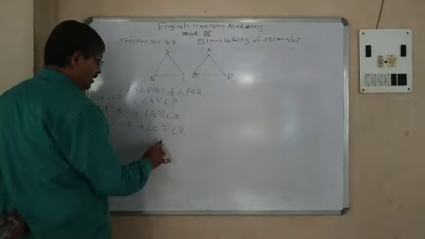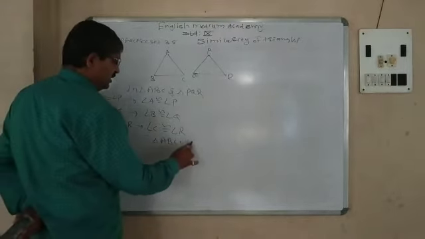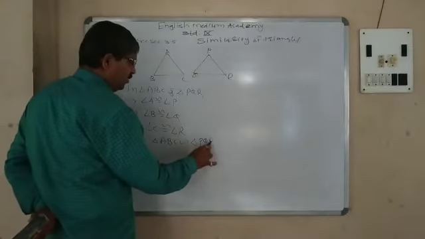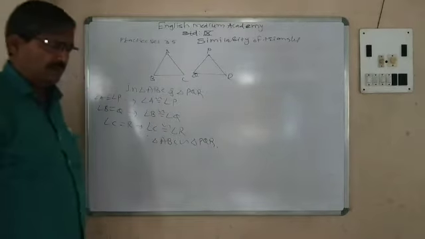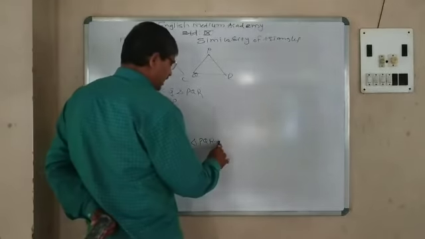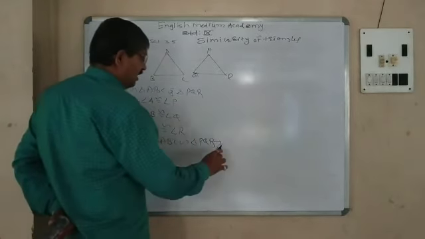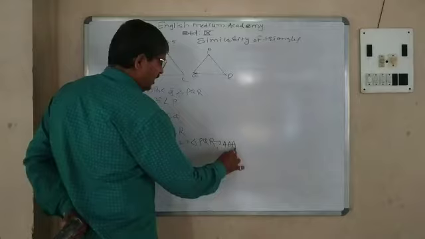Therefore, triangle ABC is similar to triangle PQR, by the AA test.